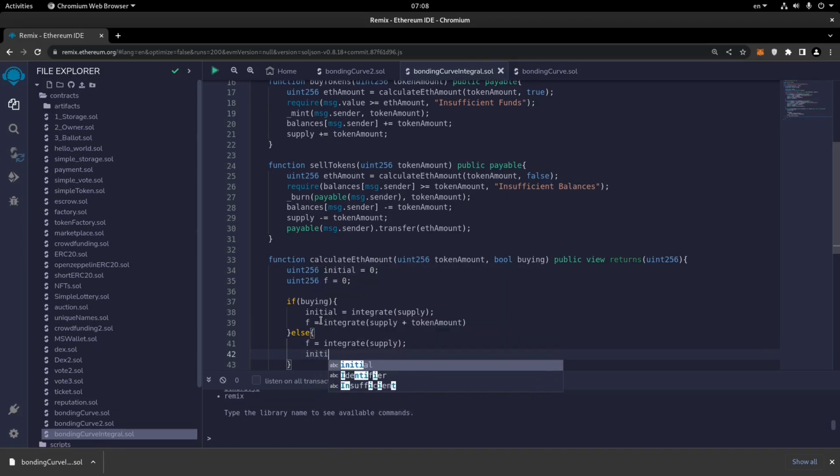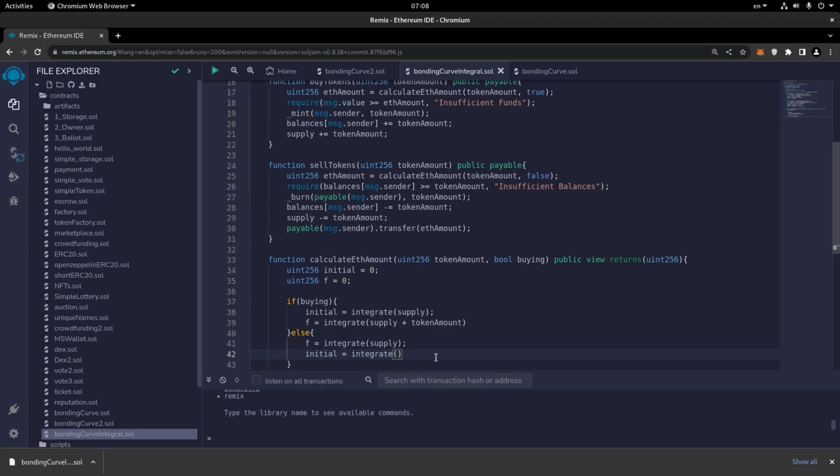So the initial value here will become the integrate, which is actually the final value, but we're writing this because we always want to subtract final from the initial, right? But the initial value is the supply. Always it is the supply at the current moment, but right after we buy it or sell it, it will change, and the change is either plus token amount or minus token amount, right? Based on whether we're buying or selling.